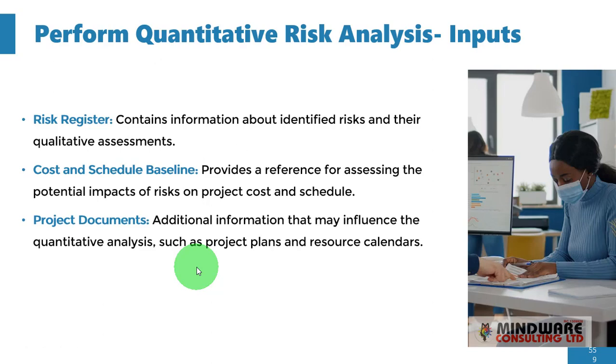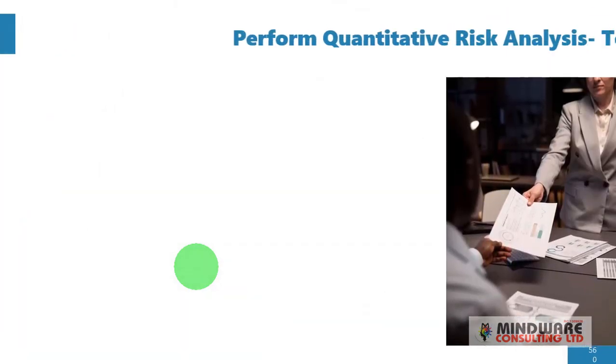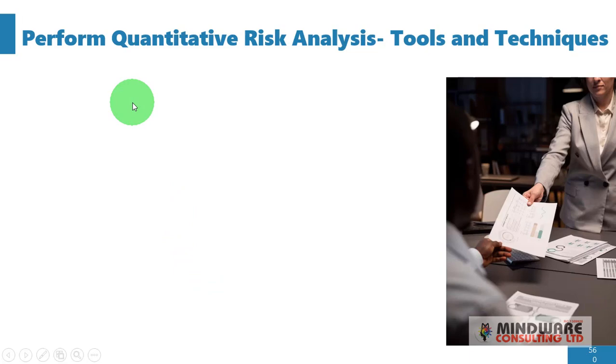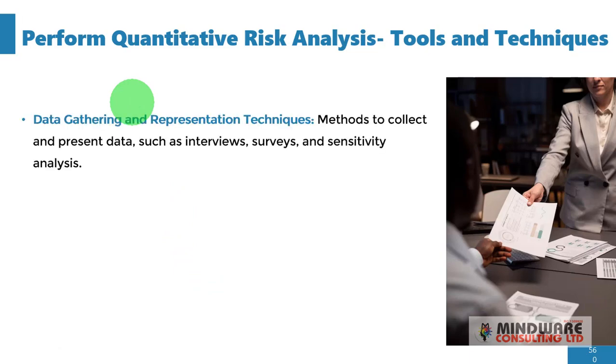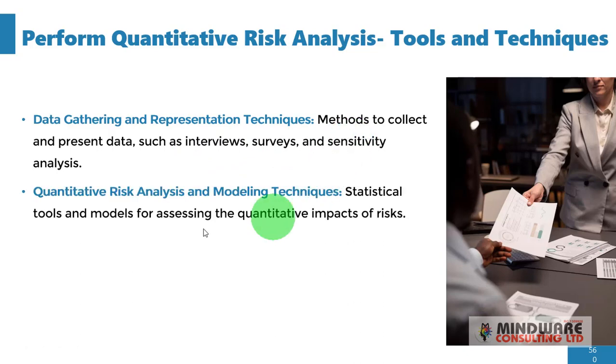So let's look at the tools and techniques. What are the tools and techniques that we employ in this process? Firstly, data gathering and representation techniques. This involves methods to collect and present data such as interviews, surveys, and sensitivity analysis. Then we have quantitative risk analysis and modeling techniques.